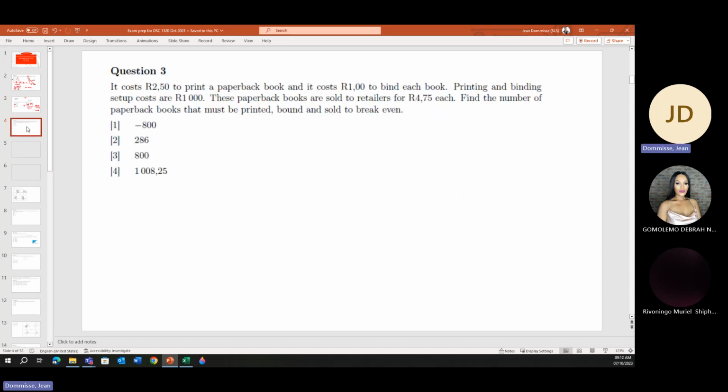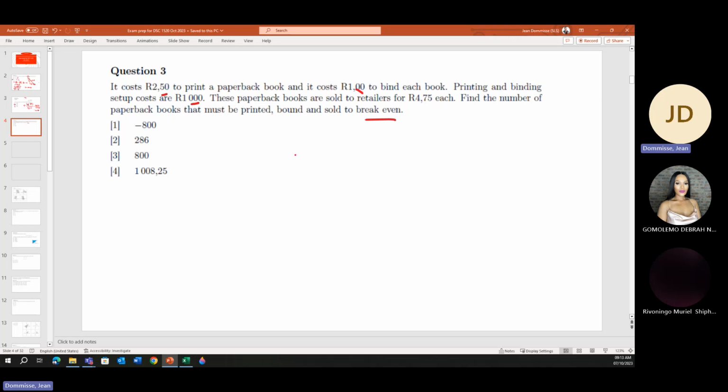Now we go into something that we're talking about: break even. Again, you can see they really mix up the questions. It costs you R2.50 to print a paperback book, and it costs R1 to bind the book. Printing and binding setup costs are 1,000.